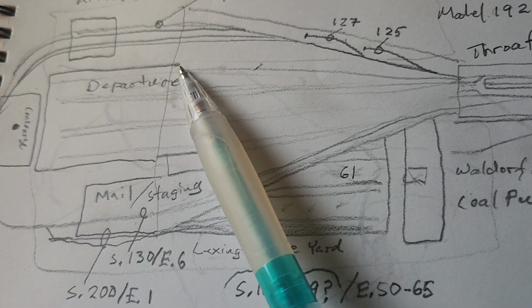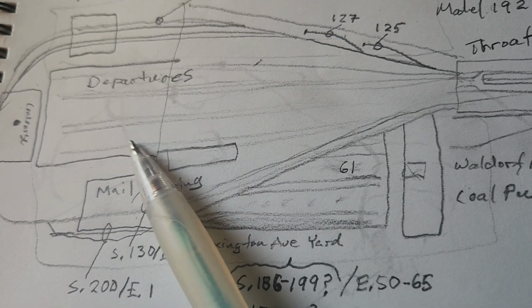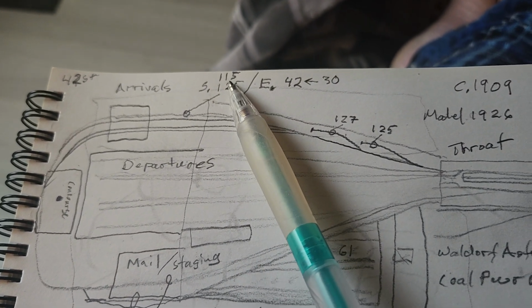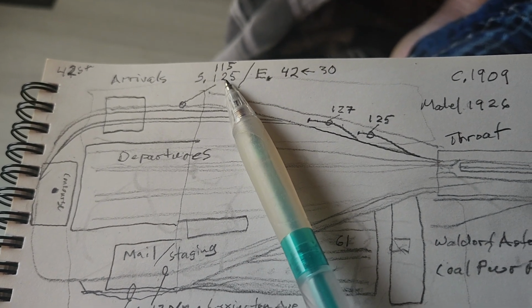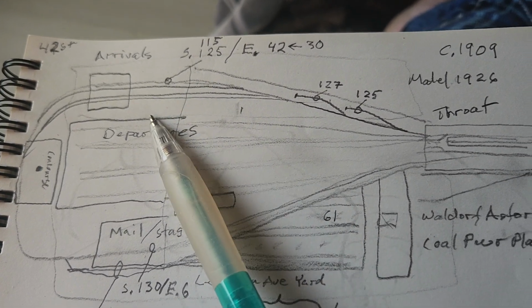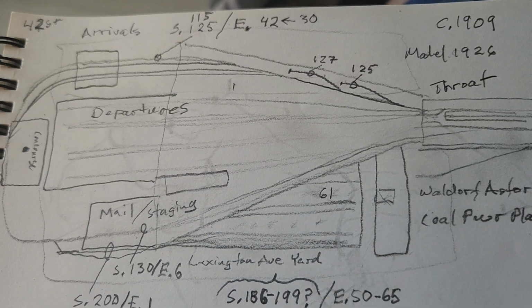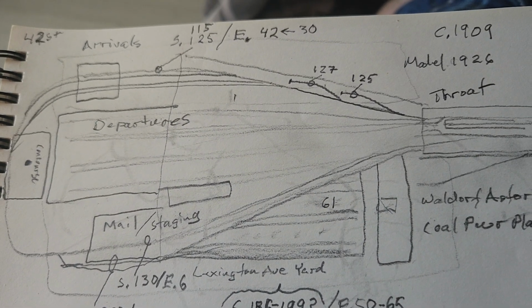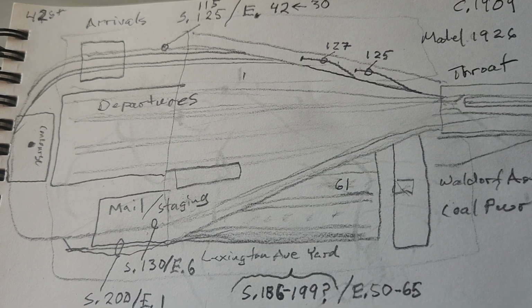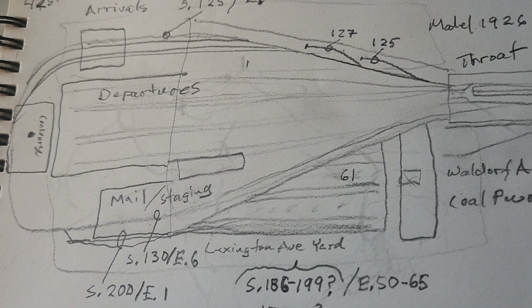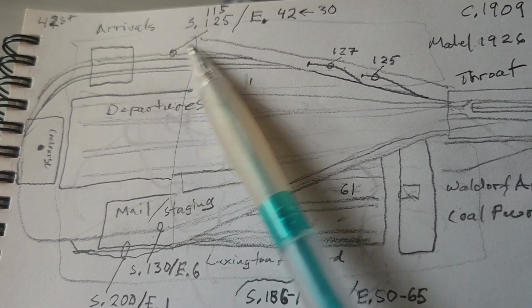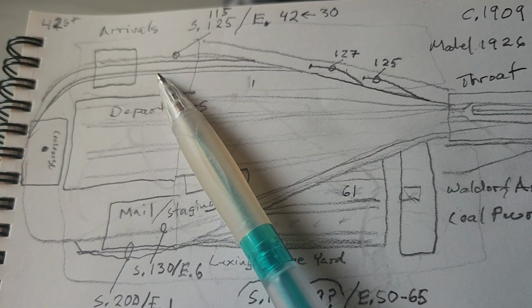Nowadays, the departures area, which is full of tracks, I mean, this is track 115 goes all the way through the arrivals area, and I've seen a photograph recently of the doorway to track 115 was open, and there was a Metro North train waiting there to depart.